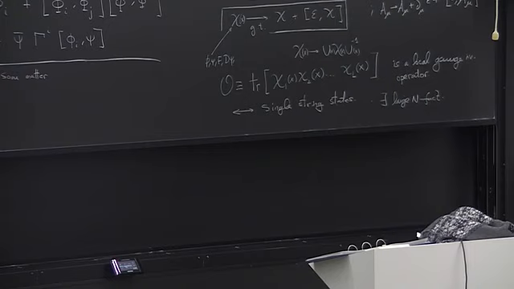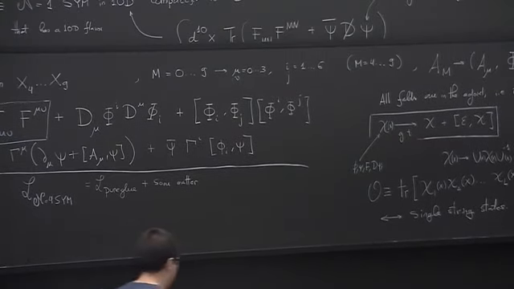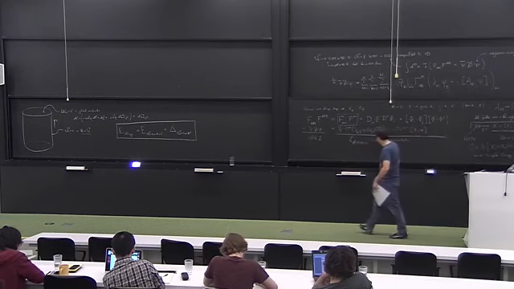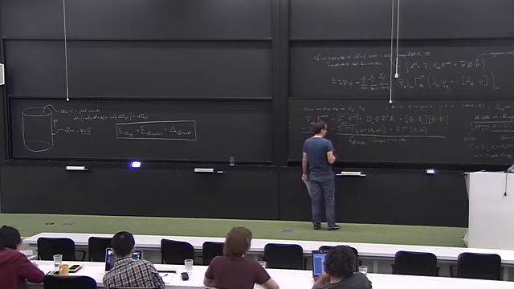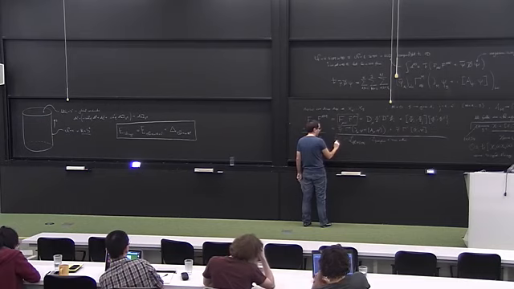Well, another important comment is about this action. The Lagrangian of N=4 super Yang-Mills is whatever you get by summing all these terms, and there is a coupling, 1 over g_YM squared.